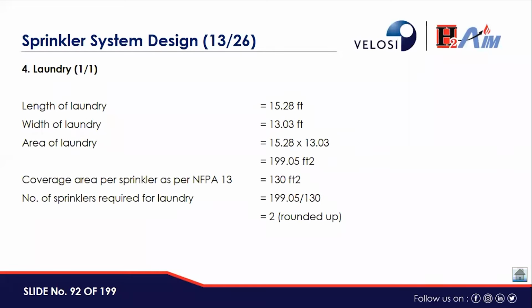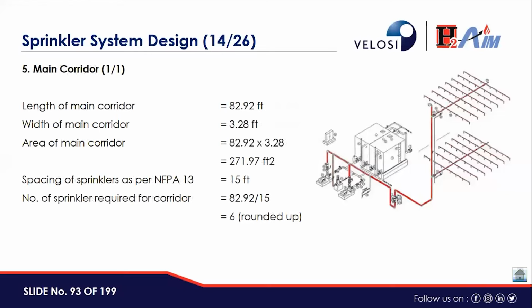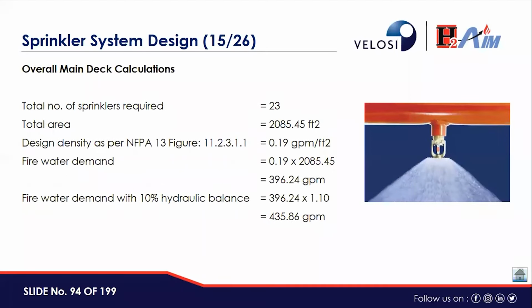Length into width gives the area, and as per NFPA 13, dividing by the coverage area gives how many sprinklers are required. So for laundry, number of sprinklers required were 2. Similarly for the main corridor, same calculations. So these were the overall main deck calculations. Total number of sprinklers required were 23.